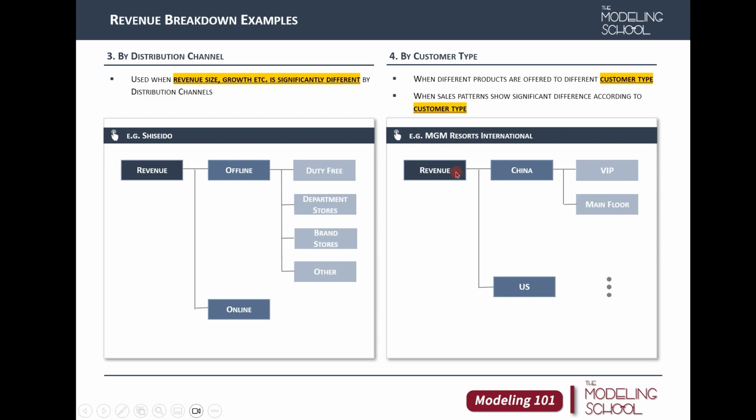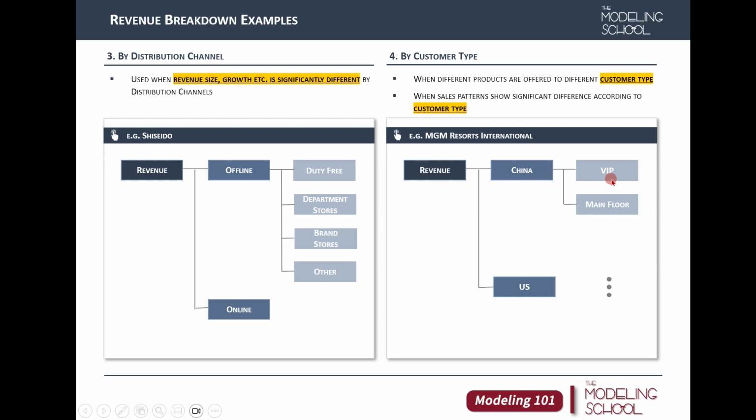They first divide revenue into geography segments, but in the end, they divide their customers into VIP or just ordinary, normal people who come to gamble. They do this because their behaviors are very, very different. Especially what's different is how much they spend per person.